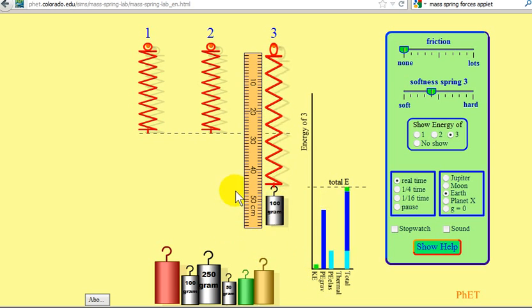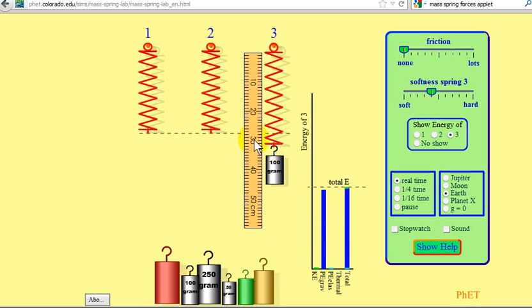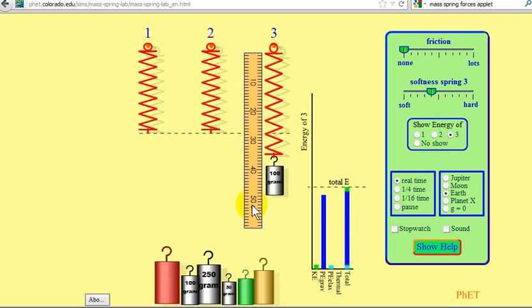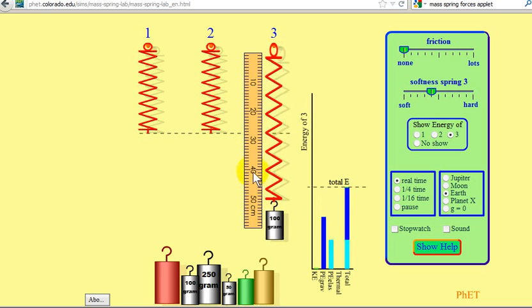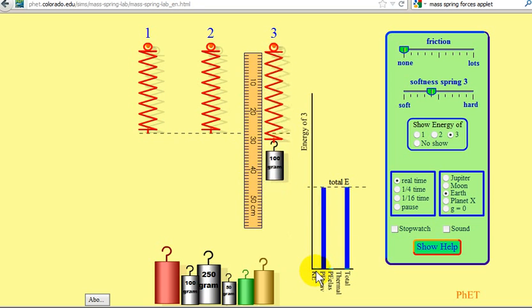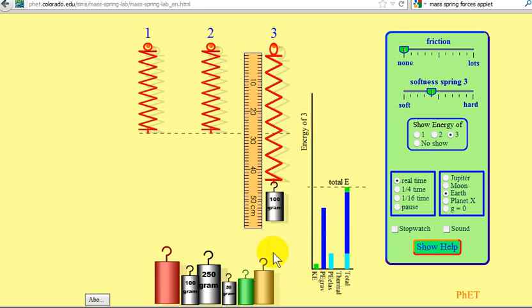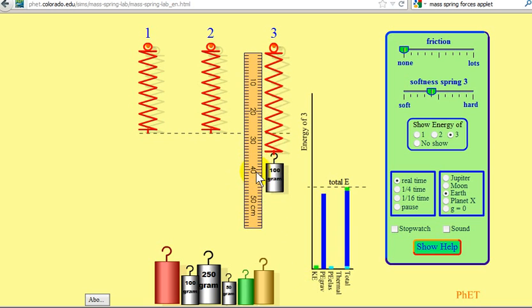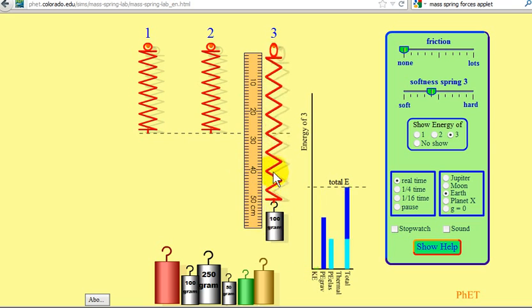In this case, the speed is zero when the mass is at the 30 centimeter mark or at the 50 centimeter mark. The speed is a maximum when the mass is at its equilibrium position of 40 centimeters. So this green bar reaches its maximum height when the mass passes through the 40 centimeter mark. Well, I shouldn't really say the mass, I should say the lowest end of the spring.